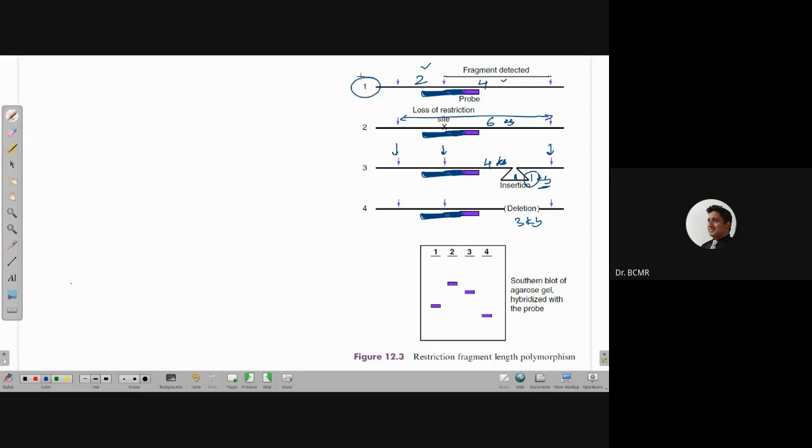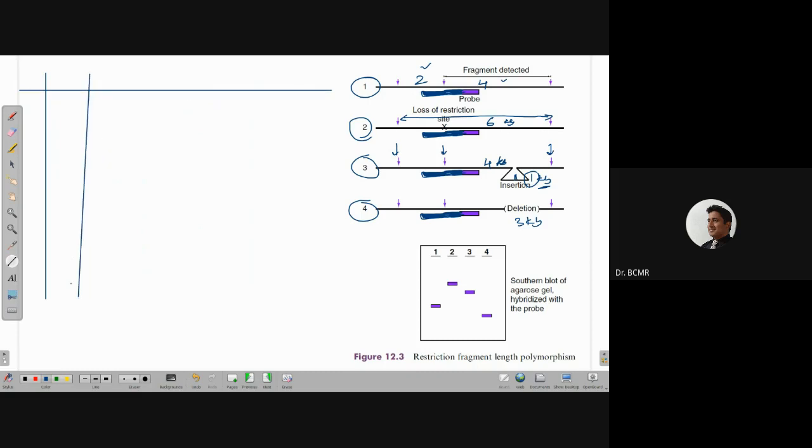Allele 1 is wild type, allele 2 is, and 3 and 4 are mutants. I'm going to complicate it now, so try to come up with correct answers. Let's see if we can make it. I already appreciate that you people are participating. It's a nice thing, and I want you to do it a little more.